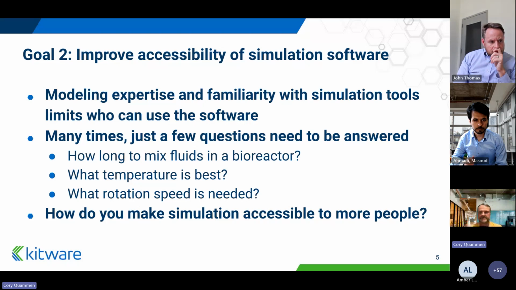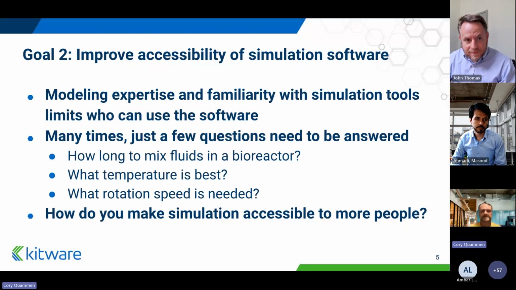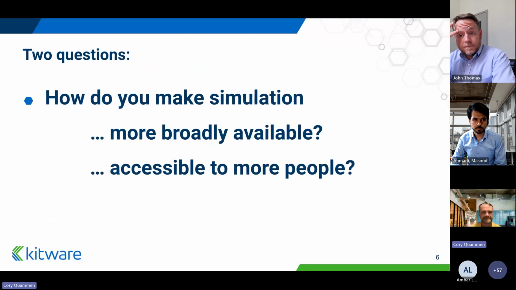Those things are meaningful to me, and if I had some controls that I could change, I can do simulation and get some answers about whatever physical scenario or mixing or drying or whatever I'm trying to do. Those parameters are meaningful to me. I can get some information back. I need to make some kind of decision in whatever process I'm developing. So the second goal is to make simulation more accessible to more people, not just the computational experts.